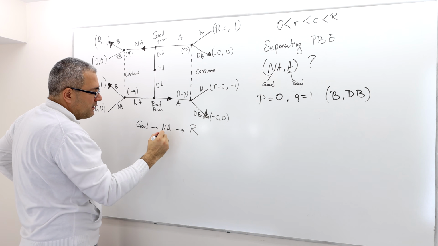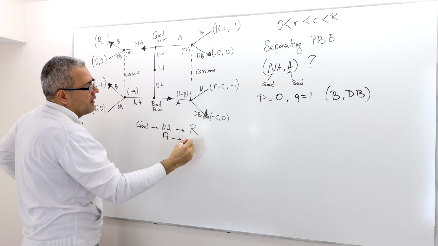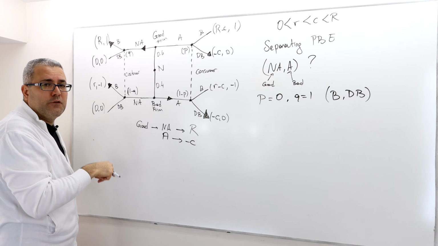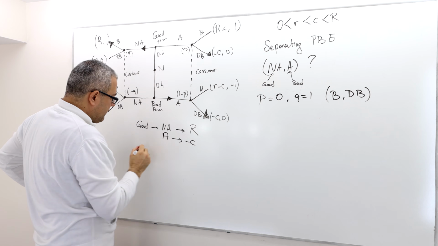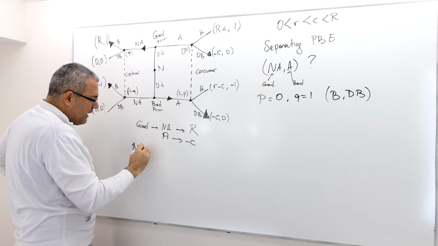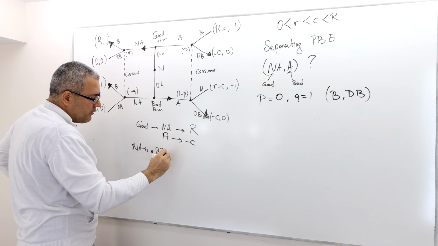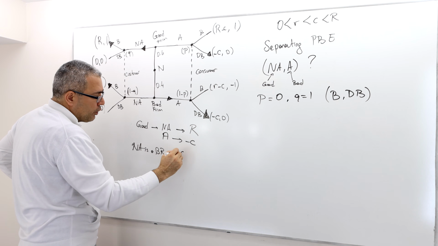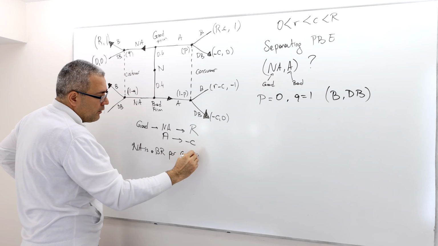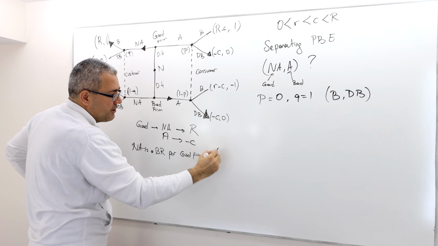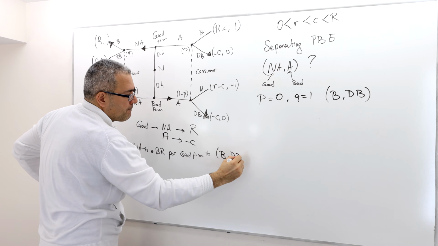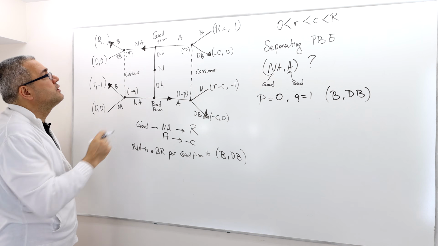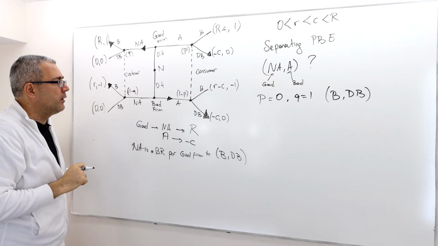All right, so advertising is going to give the firm minus C. So NA is a best response for a good firm to which strategy? BDB. Okay, good. So therefore, the good firm is best responding.